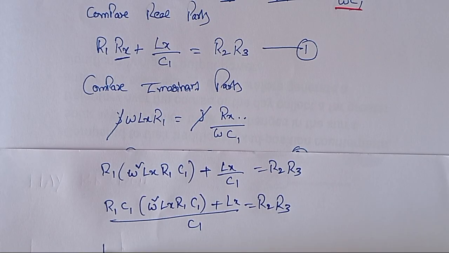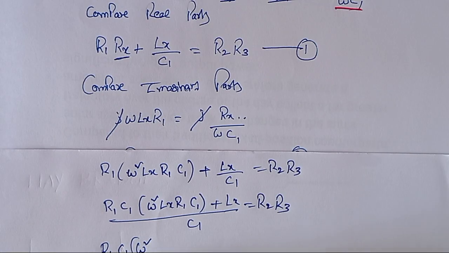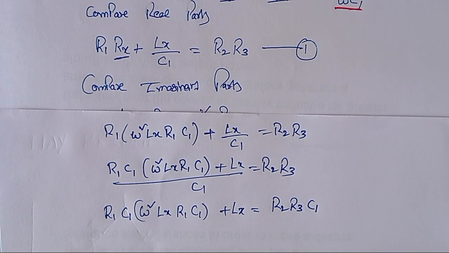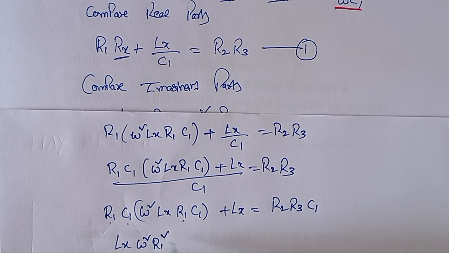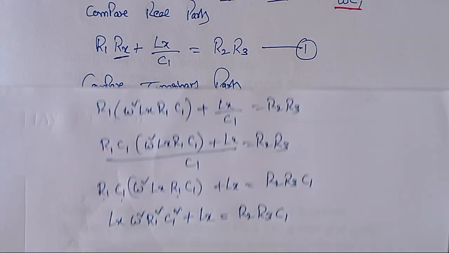So R1 C1 ω² Lx R1 C1 plus Lx equals R2 R3 C1. And look here, R1 into R1 is R1 square, C1 into C1 is C1 square. So Lx ω² R1² C1² plus Lx equals R2 R3 C1.